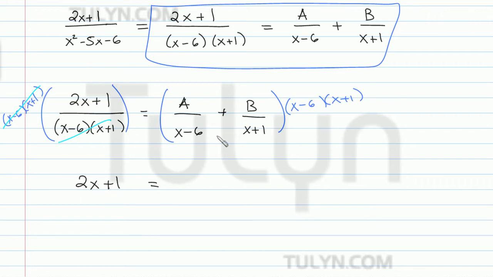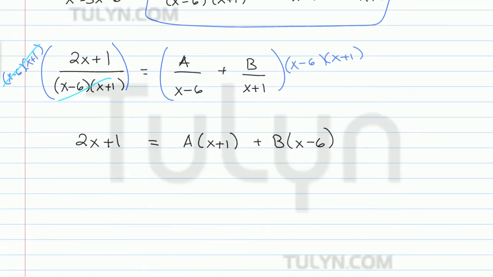And then on the right, what we're left with is A times x plus 1 plus B times x minus 6. So now let's simplify the expression on the right, distributing that A and that B. Right, so that's what we end up getting.